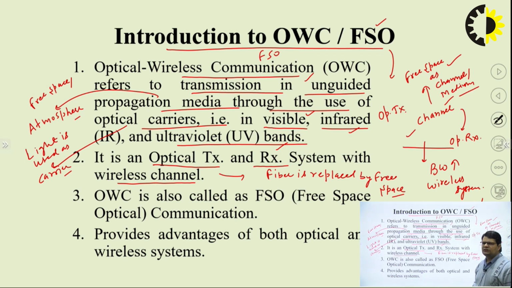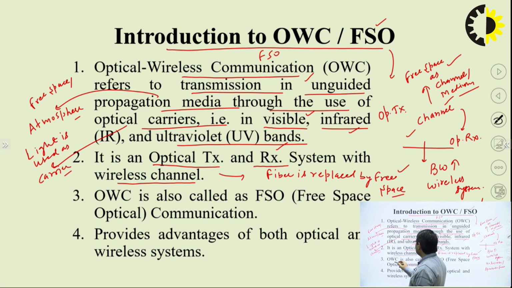It is simply an optical communication where we have an optical transmitter and optical receiver, but instead of optical fiber cable as a channel, we replace that with the free space or atmosphere, or optical carriers are transmitted through the free space. That is the optical wireless communication system.